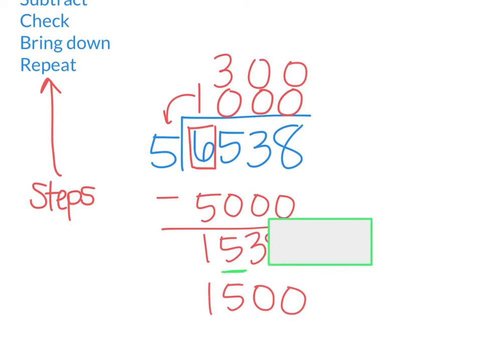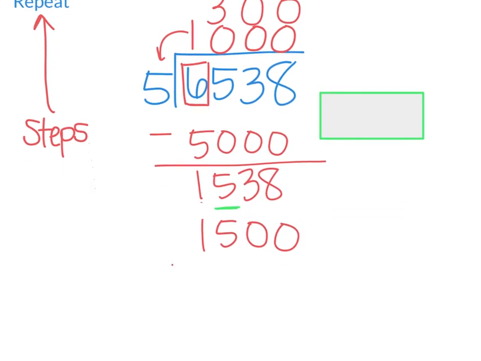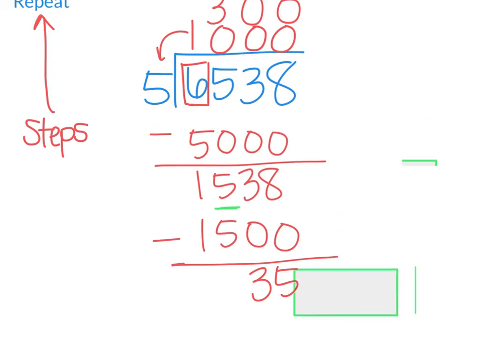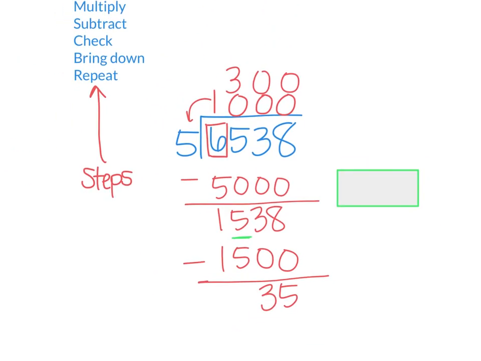I'm going to move my rectangle out of the way so that I can subtract after I have multiplied. And I get 38. I now don't need to cover up. If I covered up, it's not going to let me, but if I would cover this up, I would get 5 into 3, which doesn't work. So I'm going to stay with 5 into 38, which is 7 times.